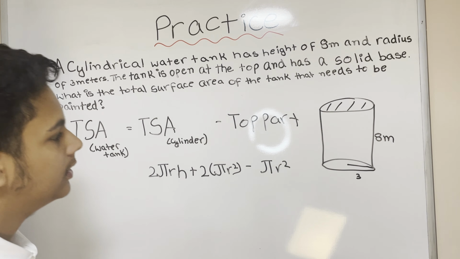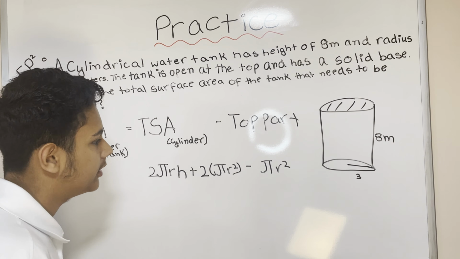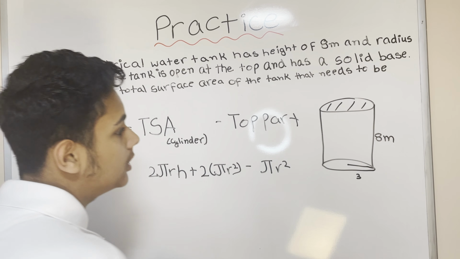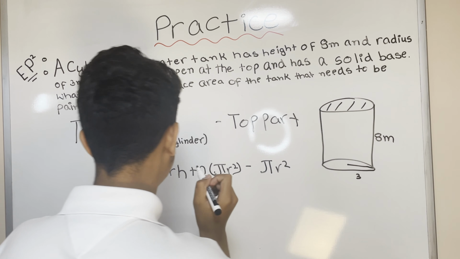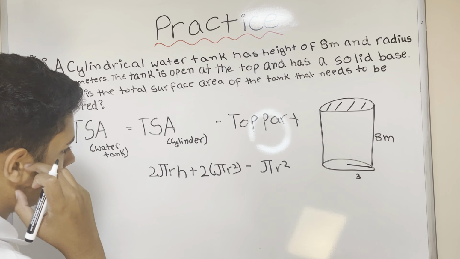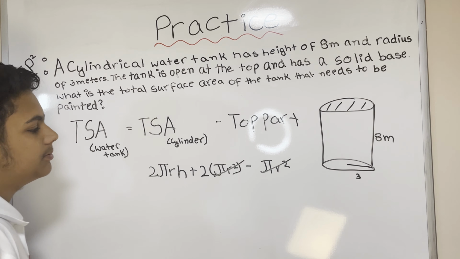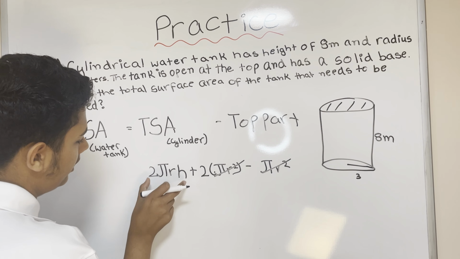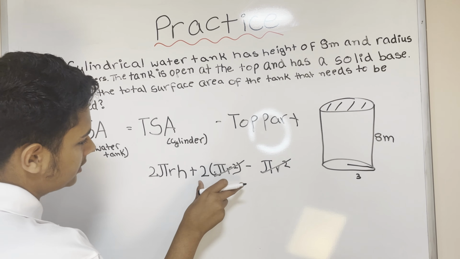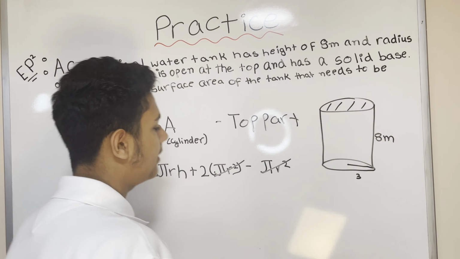Now this is what our formula is. Now we can put our values in it. So this circle is getting subtracted and two circles are getting added. So before putting the formulas, you can just take one out. That just means we just need to have 2 pi RH plus pi r squared, which is basically the curved surface area and the bottom part.